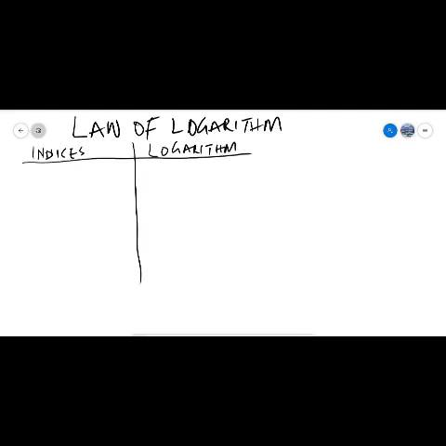Our first law of indices gave us that a raised to the power of n times a raised to the power of m will give us a raised to the power n plus m. Now in logarithm, this is what is applicable.